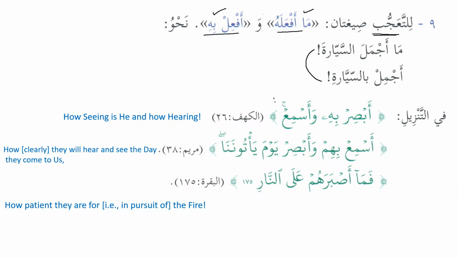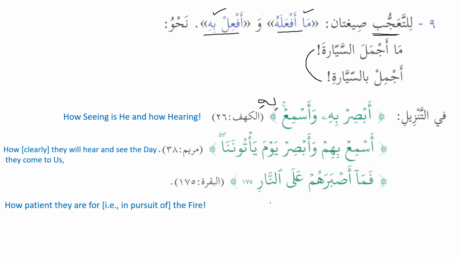And we know that it was asmi' bihi, and this is the beauty of the Arabic language and the Quran, that sometimes the word is omitted or it is not repeated. How seeing is he and how hearing. So we can see here absir bihi wa asmi'. Then we have asmi' bihim wa absir yawma ya'tunana, how clearly they will hear and see the day they come to us.